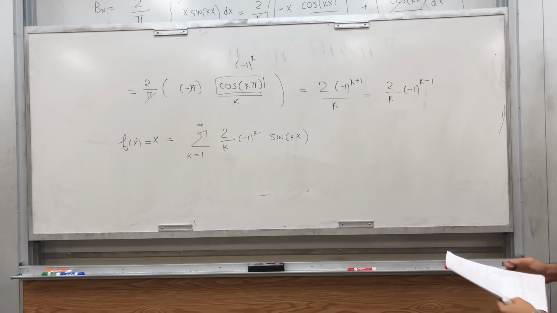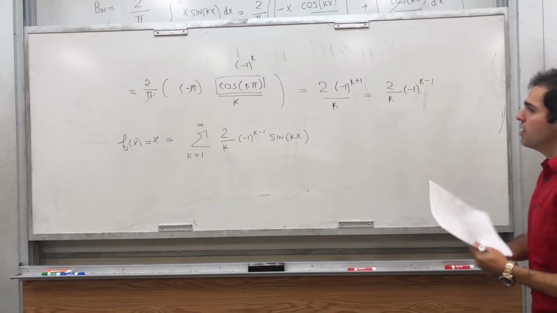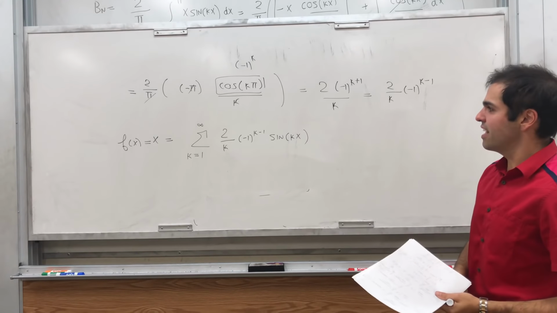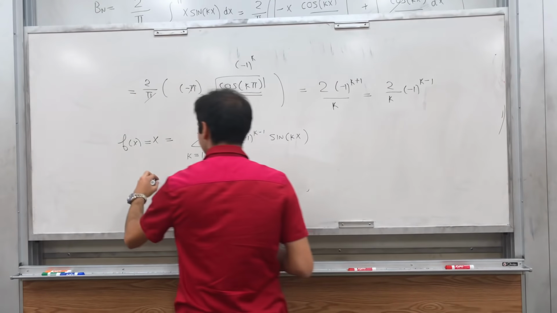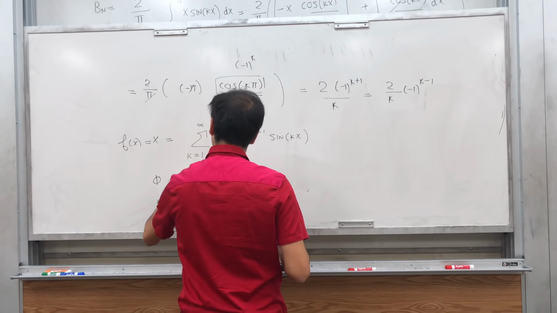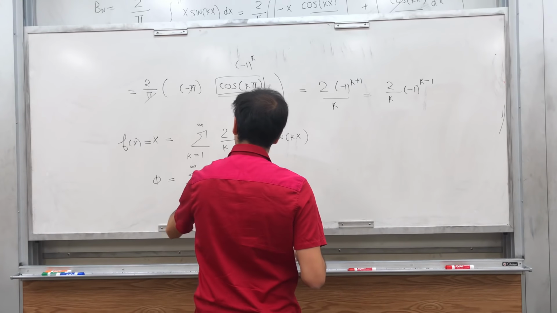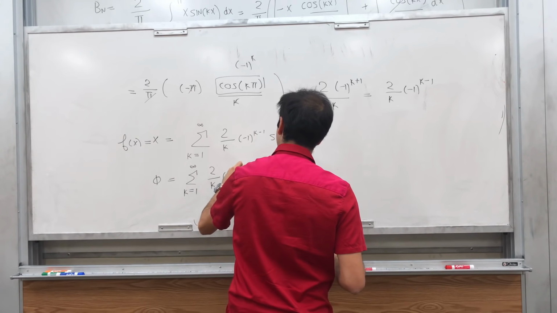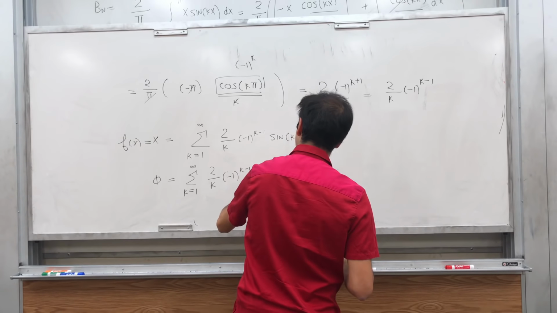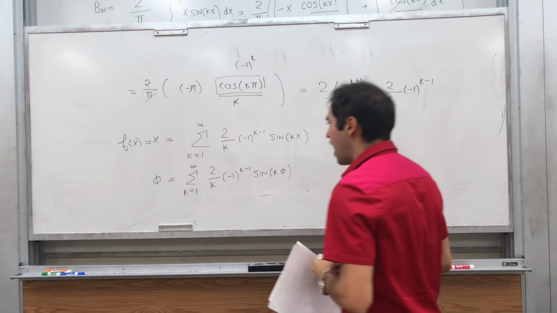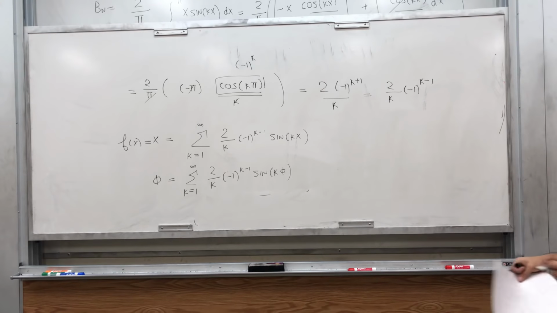And I think that's all we needed, because instead of writing x, let's write phi. So phi equals the sum from k equals 1 to infinity of 2 over k times minus 1 to the k minus 1 times sine of k phi.